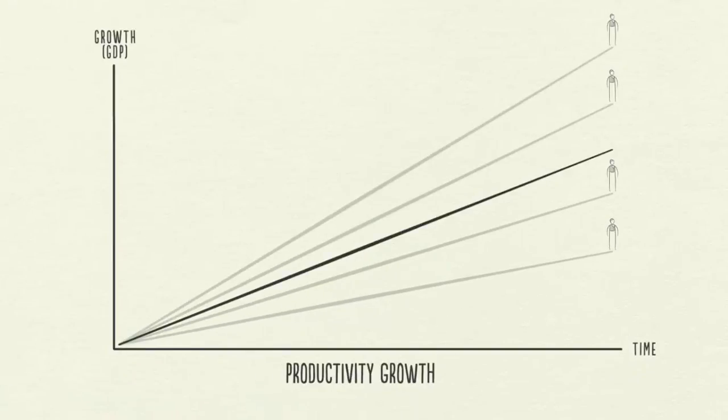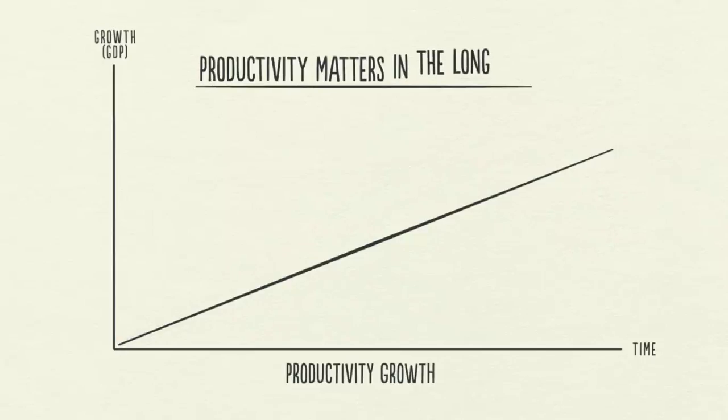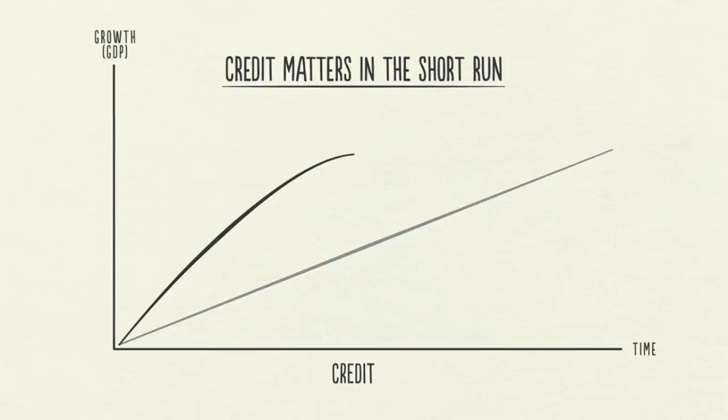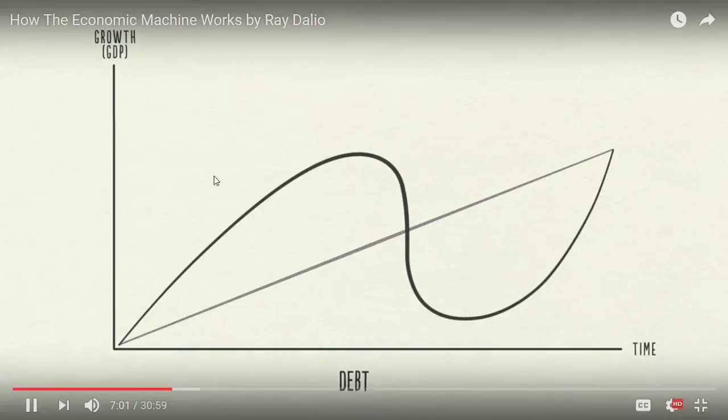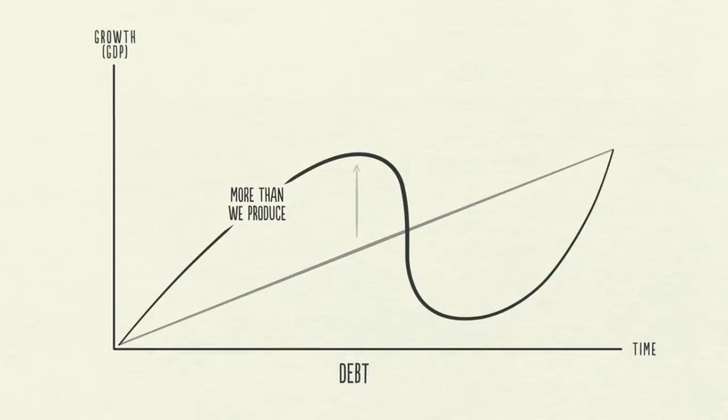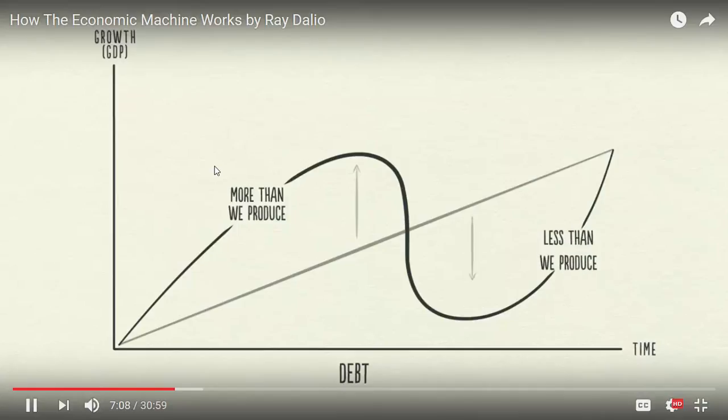But that isn't necessarily true over the short run. Productivity matters most in the long run, but credit matters most in the short run. This is because productivity growth doesn't fluctuate much, so it's not a big driver of economic swings. Debt is, because it allows us to consume more than we produce when we acquire it, and it forces us to consume less than we produce when we have to repay it.